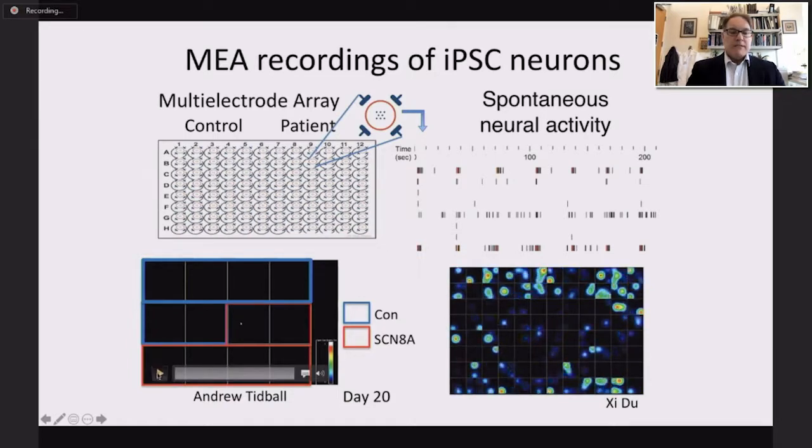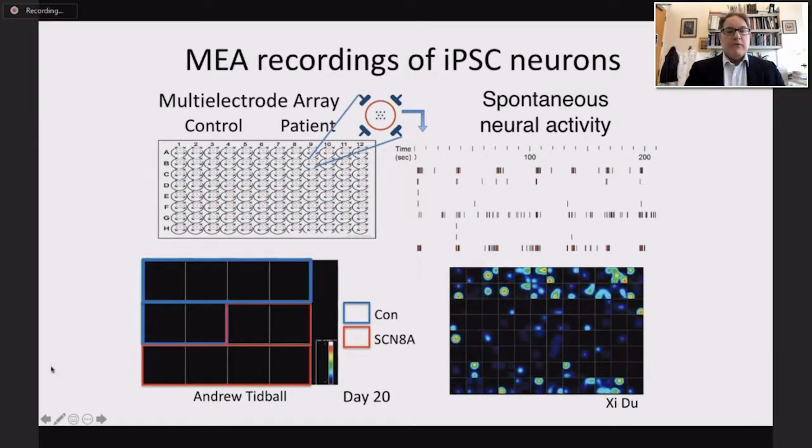On the lower left is an example of wells outlined in red that are from an SCN8A developmental and epileptic encephalopathy patient versus control, where the wells are outlined in blue. These are still immature neurons, but you can see more activity in the red wells from the patient neurons compared to the control.